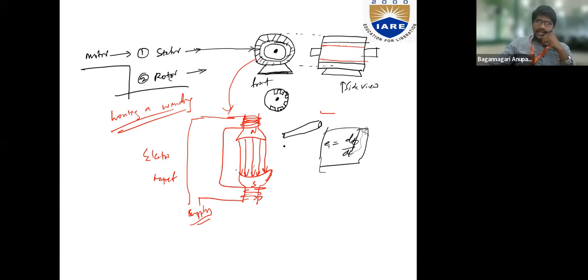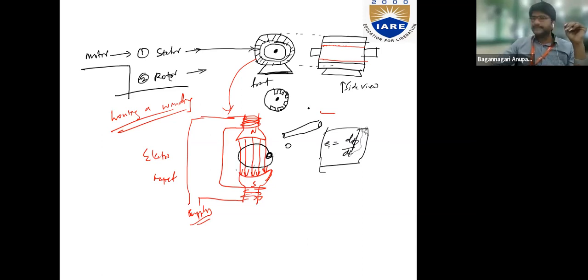Now let us see this conductor from the front view. How will it look from the front view? It will be just like this, right? A circle. So assume that you have a conductor here, and let us say that this is placed on a rotor. So what will happen if the rotor rotates?